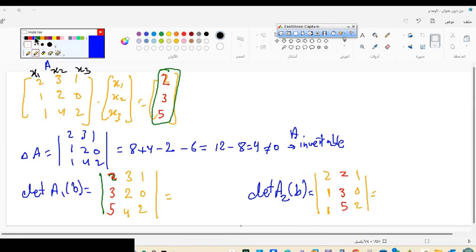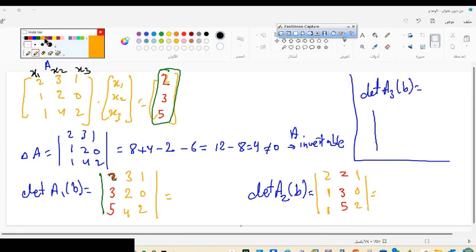Now, last one is this one. I will write here up. Det A3 B, it is 2, 1, 1, 3, 2, 4, and the last one here it's 2, 3, 5. Calculate. Then you have to find x1.